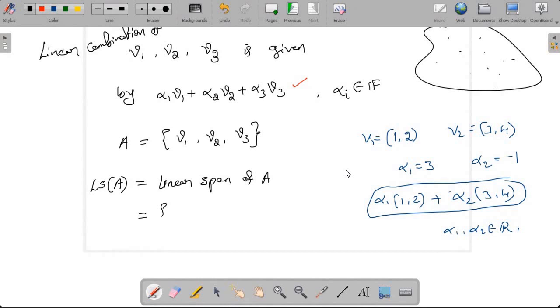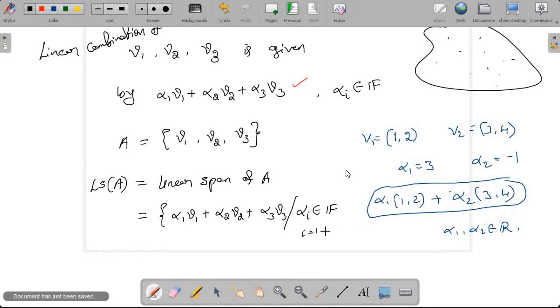Linear span of A is nothing but the set of all linear combinations of these elements, that is alpha 1 V1 plus alpha 2 V2 plus alpha 3 V3, such that alpha i is coming from the field, where i is equal to 1, 2, 3. That's it.